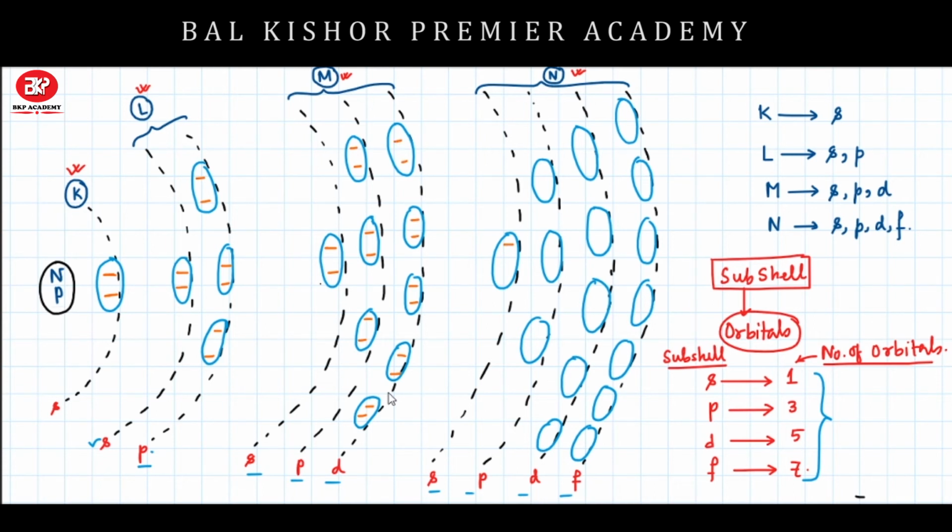So you can see in each of the orbitals I am placing two energy states. The electrons will reside in these energy states. That means each orbital can contain only two electrons.